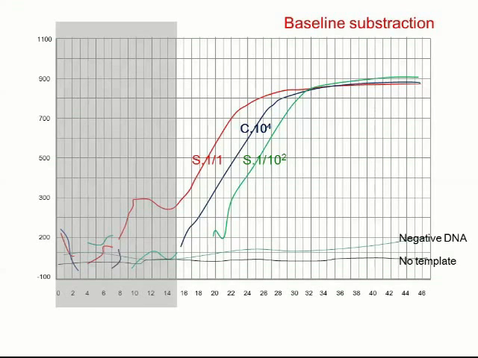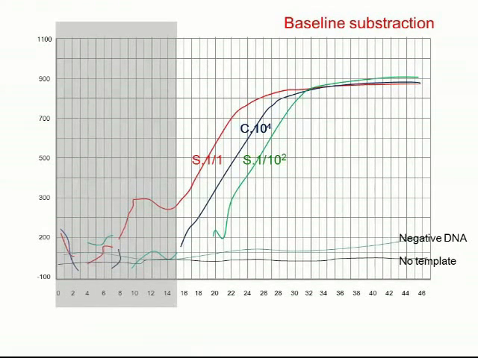The goal of this subtraction is to determine the point at which the target amplification is significantly above the background signal, so it is essential for accurate measurements of fluorescence. The software automatically sets a baseline, then clears the background noise.